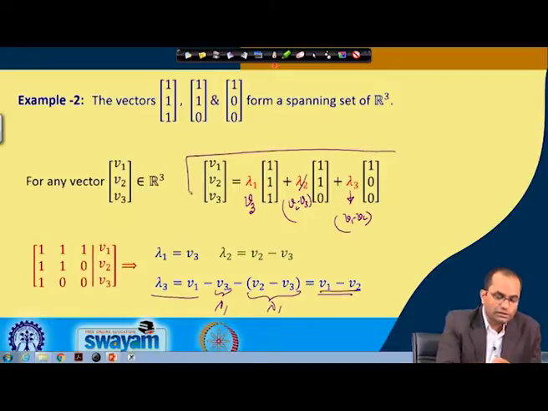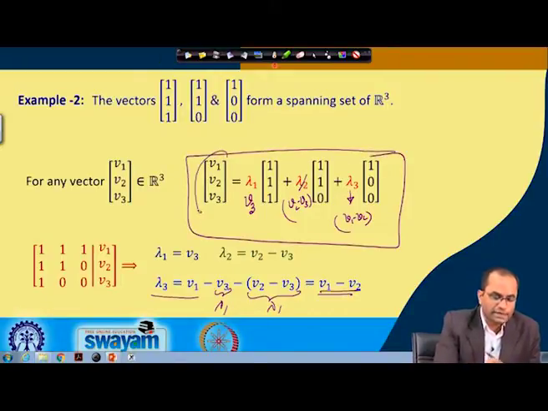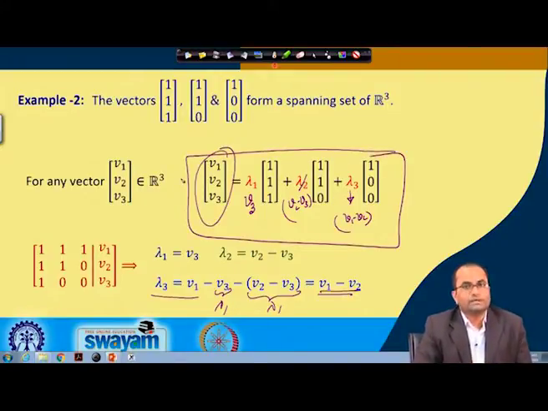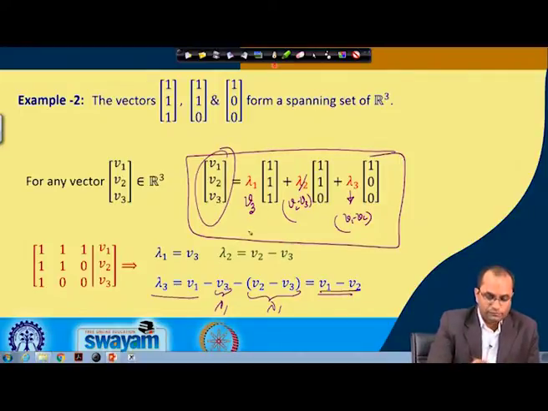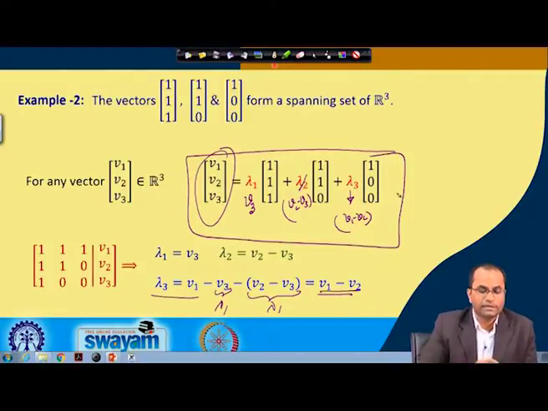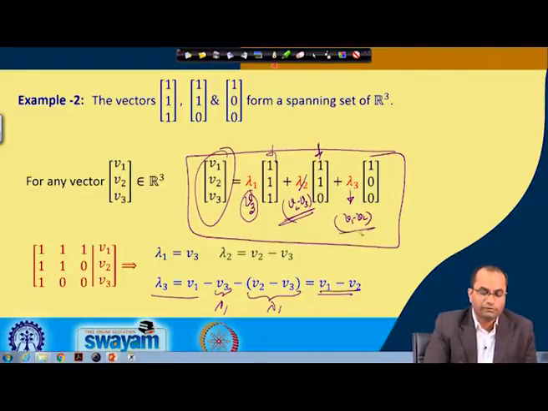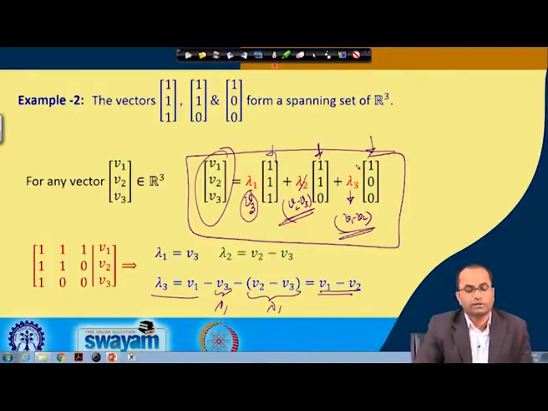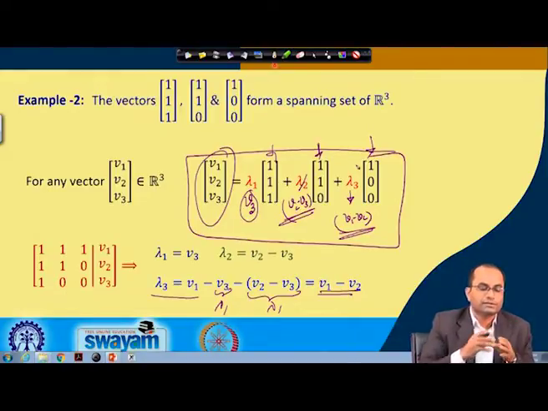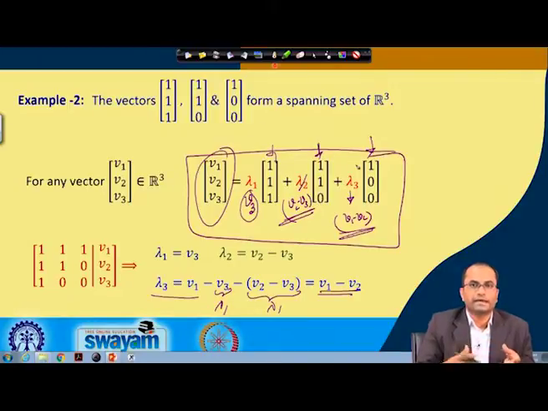So, we got this linear combination: any vector v 1, v 2, v 3 we can write as a linear combination of the given vectors, v 3 times the first vector, v 2 minus v 3 times the second vector, and v 1 minus v 2 times the third vector. So, in this example, this was a different set than the earlier example, but again this is also a spanning set of this R 3.